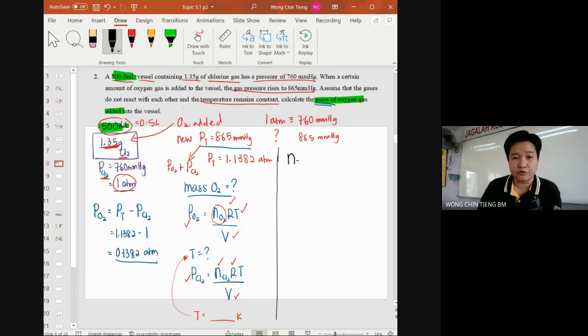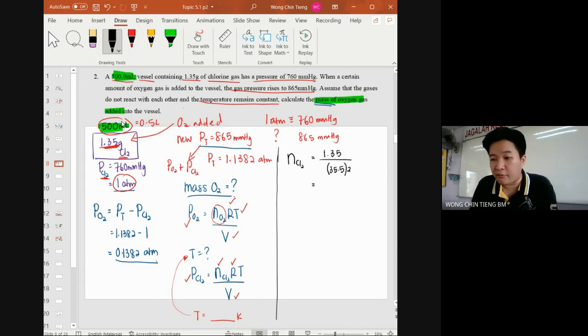So kita nak kira dulu number of mole chlorine. Number of mole chlorine equals 1.35 over the molar mass 35.5 times 2. So kamu akan still perlukan number of mole of your chlorine, where the number of mole chlorine in here is your 0.019 mole. Agree?